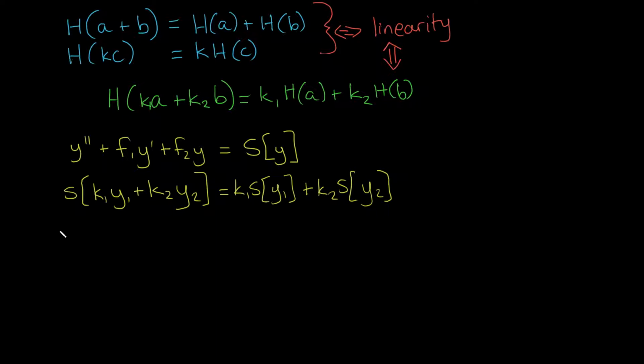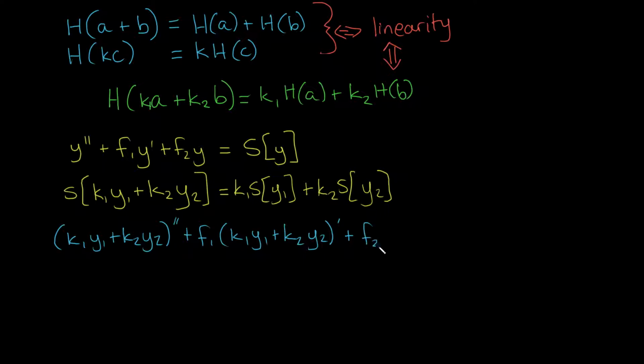We are going to get k1 y1 plus k2 y2 double prime, plus, and now we have our first arbitrary function f1 times k1 y1 plus k2 y2, same thing, but now only the first derivative, plus another arbitrary function times the same thing, k1 y1 plus k2 y2.